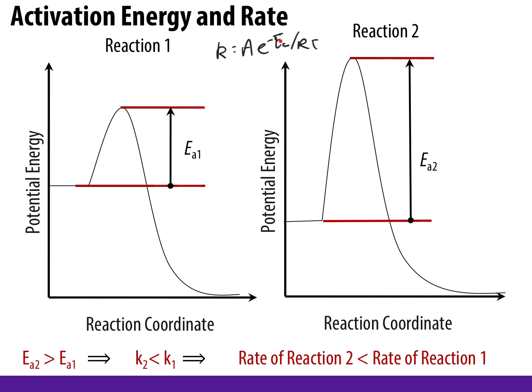This term right here is the fraction of particles that have enough energy to react. The bigger EA, the fewer particles clear that activation barrier, and the smaller that K is. So that's the relationship there. Larger activation energy is a smaller rate constant K, and therefore a slower rate, because again, rate is equal to K times some other stuff. So rate is always directly related to the rate constant K.